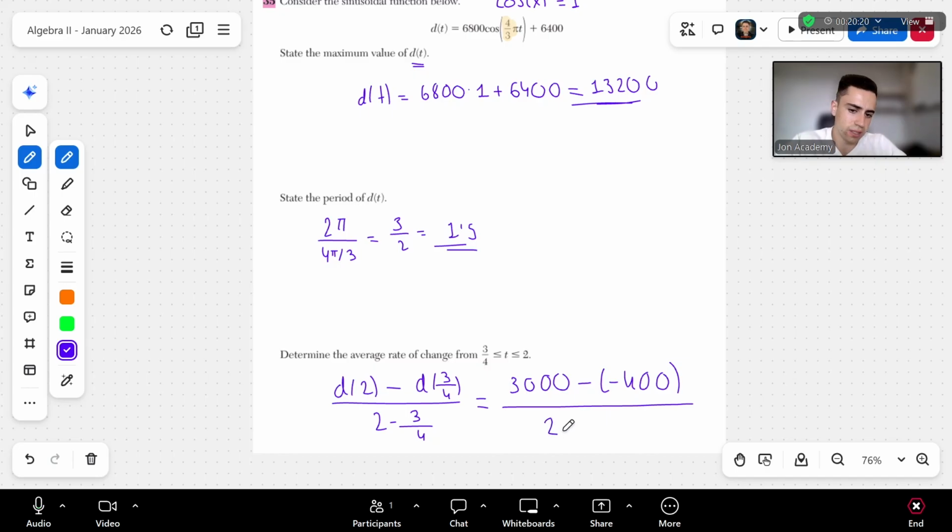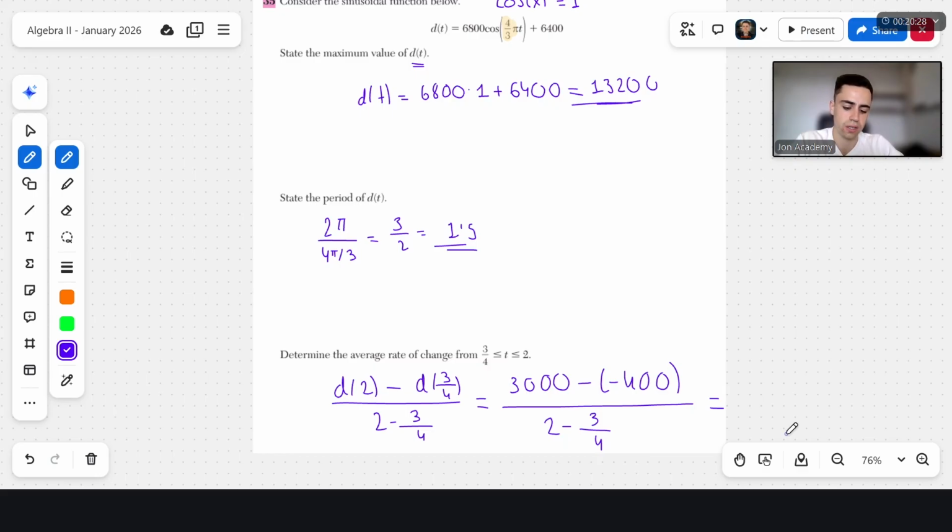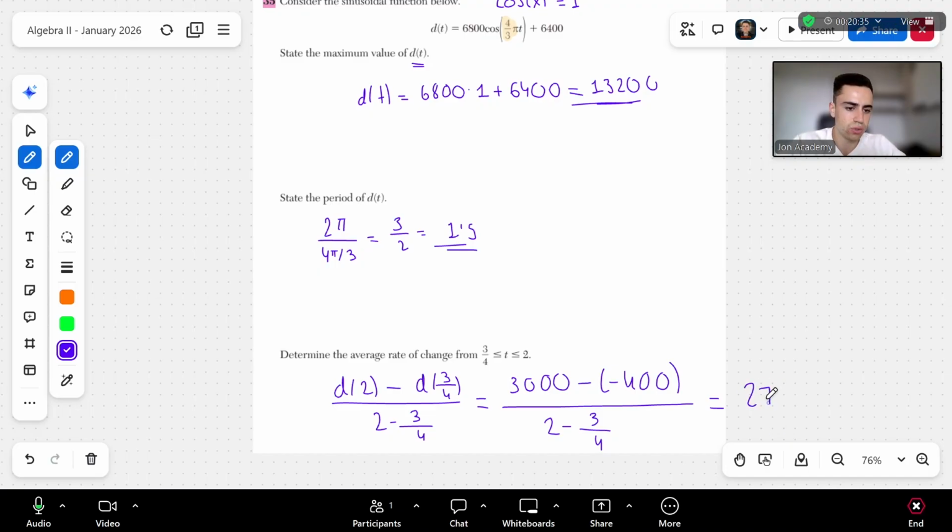And then below is just this, no? So we enter all of that. And let's write everything in the calculator all together. Above we have 3,400, no? And below is going to be 2 minus 0.75. And that ended up being 2,720, no? That's the average rate of change between those two values.